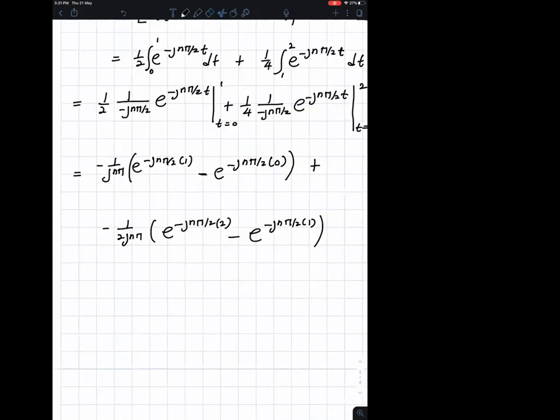So it's going to be minus 1 over jn pi, e to the minus jn pi over 2, minus e to the 0, which is 1, minus 1 over 2jn pi, e to the minus jn pi over 2 times 2 at the exponent.